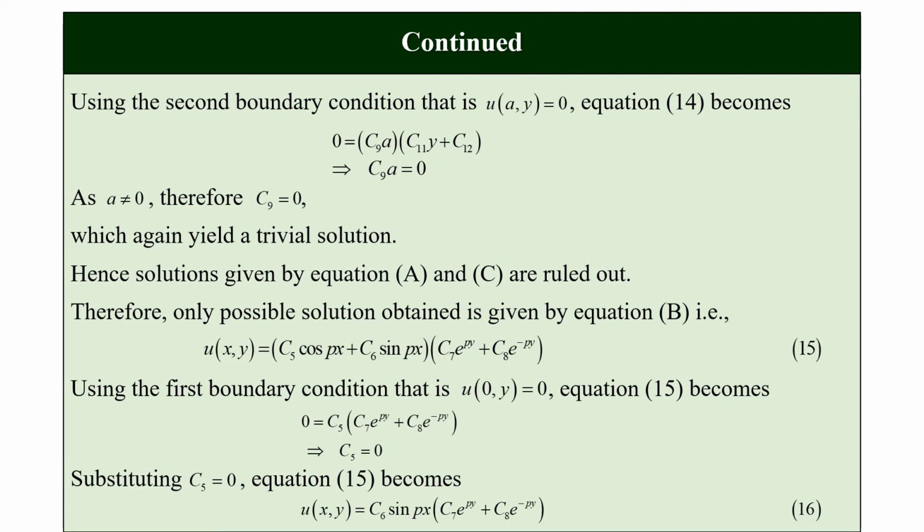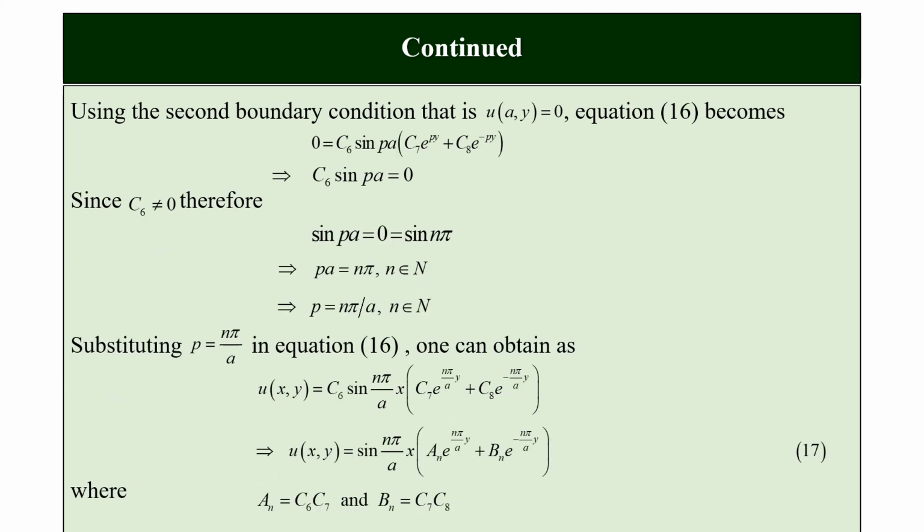And using the second boundary condition in equation 16, and the second boundary condition is when x is equal to a, u is equal to 0. So equation 16 becomes 0 is equal to, in place of x we put a, and this implies c6 sin pa is equal to 0.